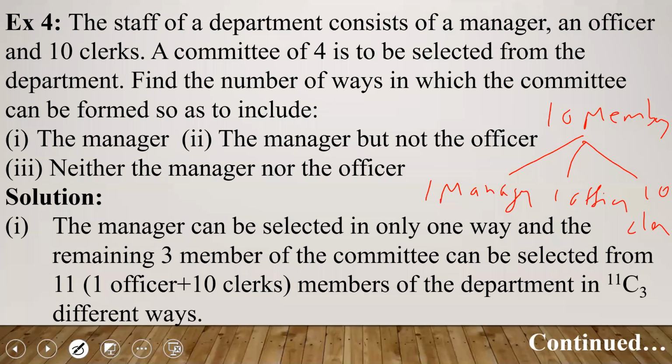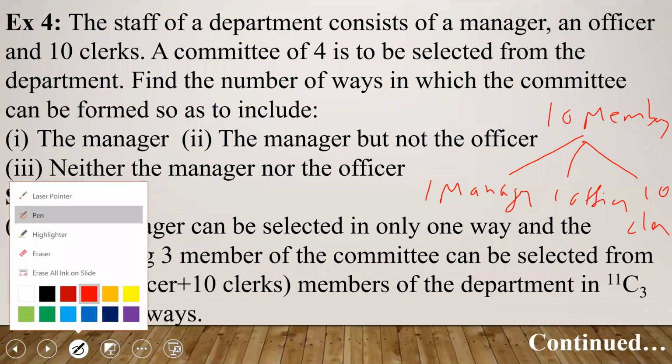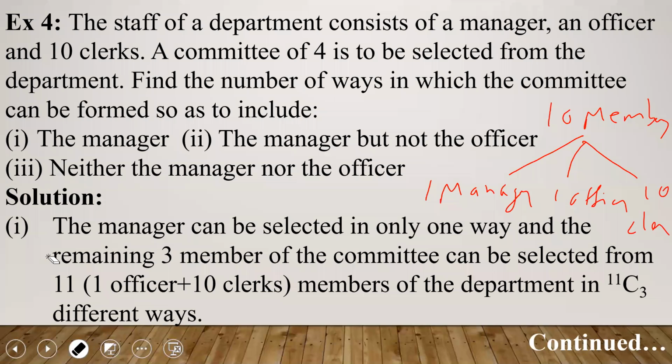There are 12 members. The staff of a department consists of one manager, one officer, and 10 clerks. So there are total 12 people in the department.